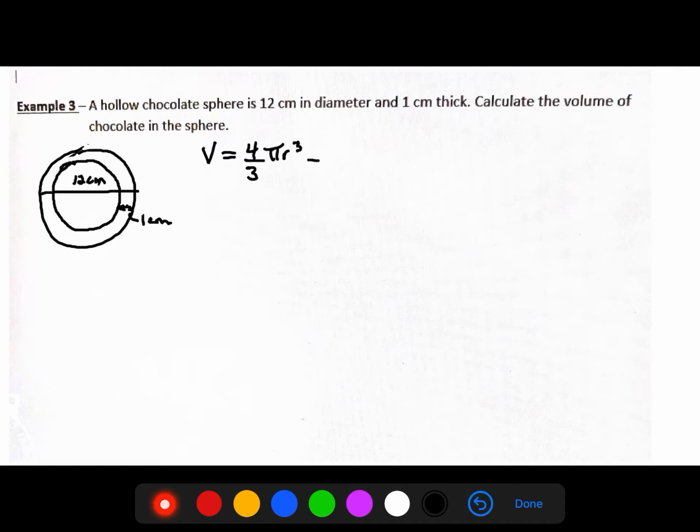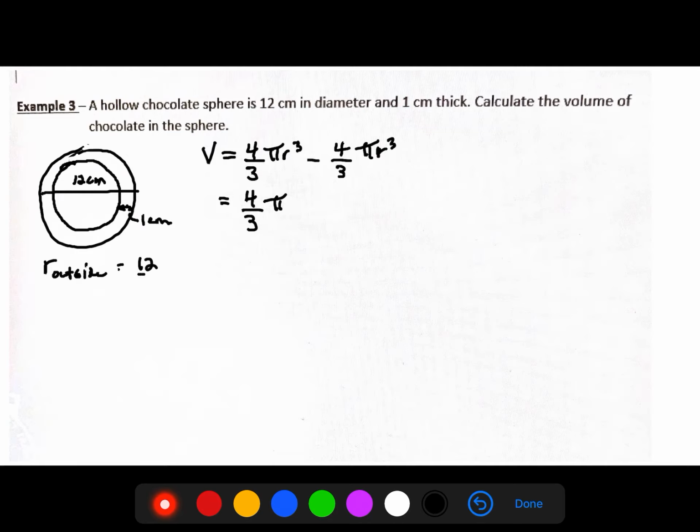Volume of a sphere is going to be 4/3 pi r cubed. So we're going to talk about the whole thing as how much space it occupies. Now the chocolate though is not in the middle. So that's another sphere in the middle that we're going to now take away. So we're going to take away from the amount of chocolate, the amount of air inside the chocolate.